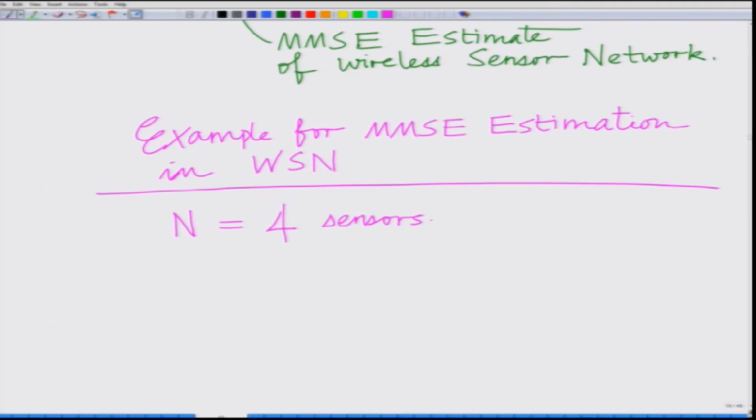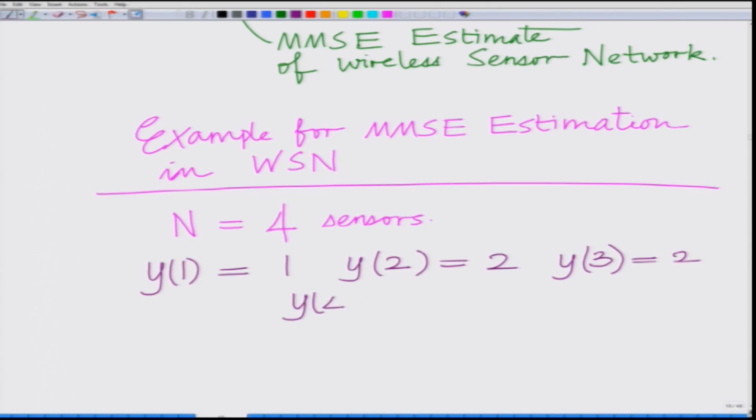Let the measurements be denoted by y1 equals 1, y2 equals 2, y3 equals 2 and y4 equals 1.